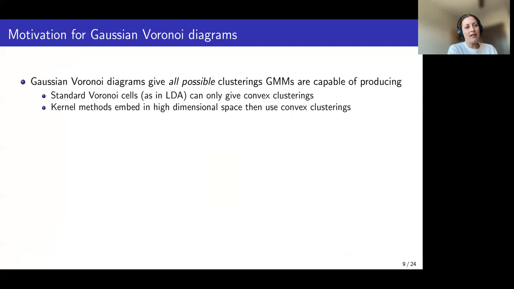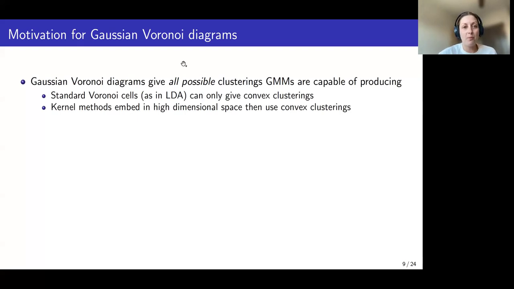And so one note is that these Gaussian Voronoi diagrams are going to give us all possible clusterings something known as Gaussian mixture models are capable of producing. So these Gaussian mixture models are just convex combinations of Gaussian densities, and they're used all over data science because they're essentially universal approximators of smooth density. So they come up over and over again in many different contexts.